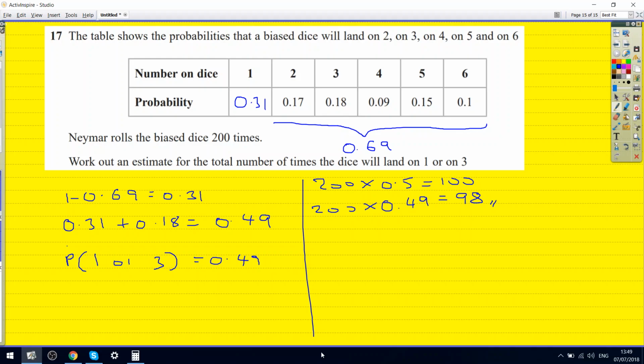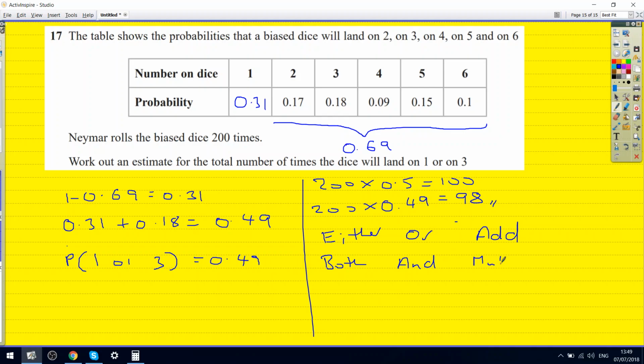So you just have to find the missing probability, then add them together, and then times it by the number of times. That makes sense. Yeah. So for either/or, for it to land on either 1 or 3, you add.